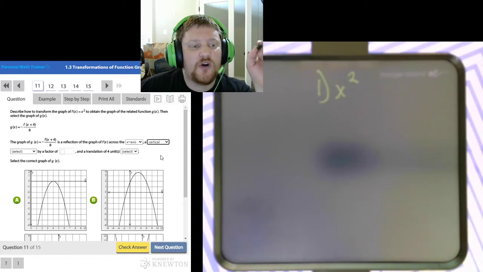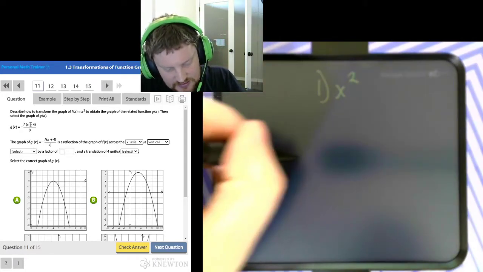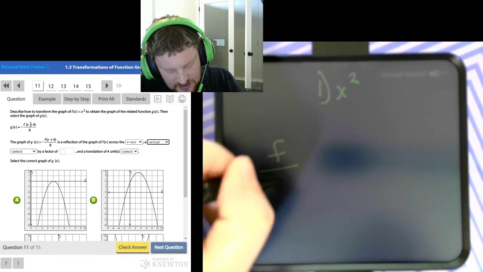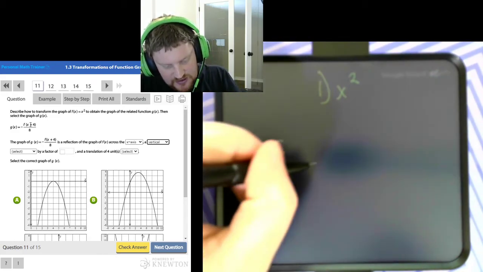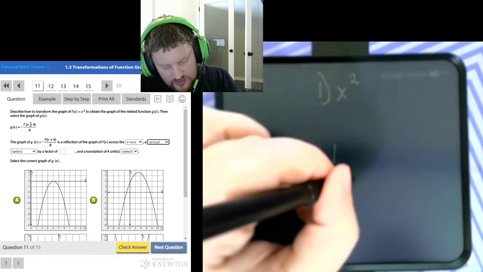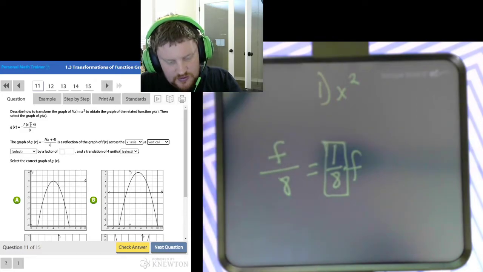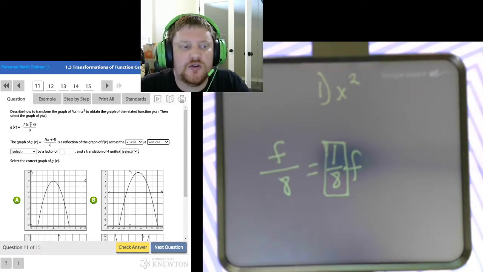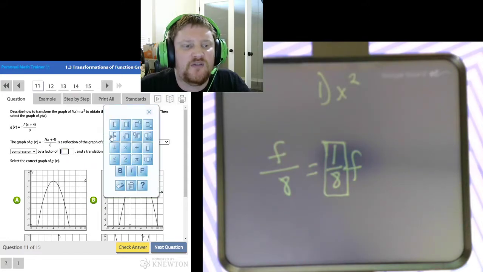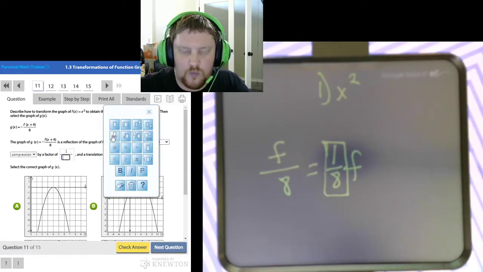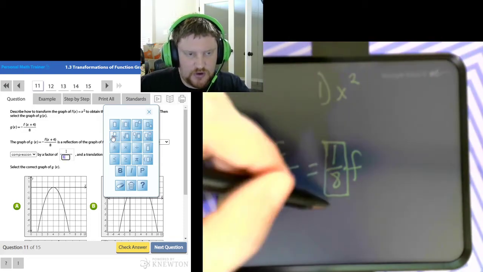That's going to be a vertical change, and keep in mind that if you see something like this, f over 8, that's the same thing as saying 1/8 times f. So this number is smaller than 1, and your notes will tell you that that means that's a vertical compression by a factor of 1 over 8, because that's the number, 1/8.